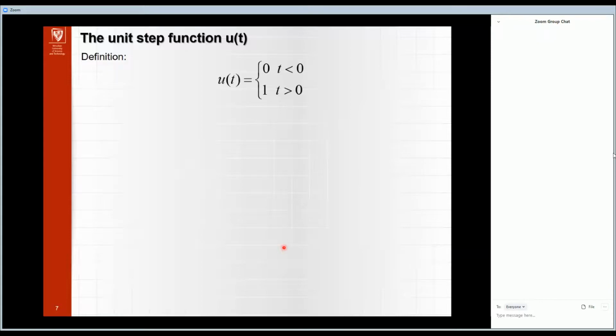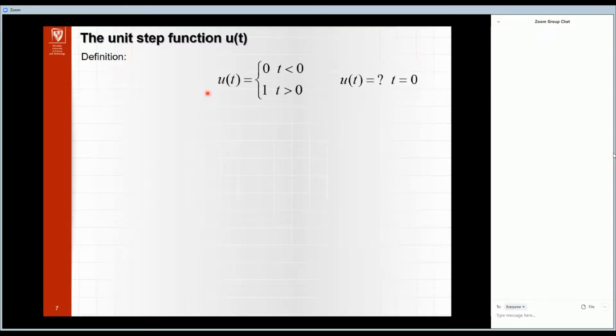The first function, the unit step function, has the value equal to 0 for t less than 0, and has the value equal to 1 for t more than 0.